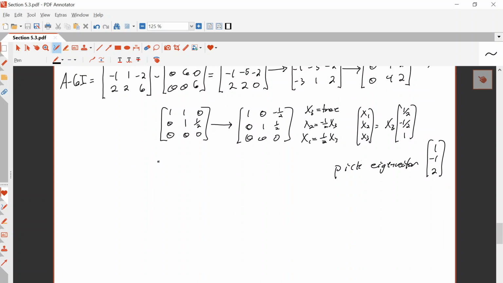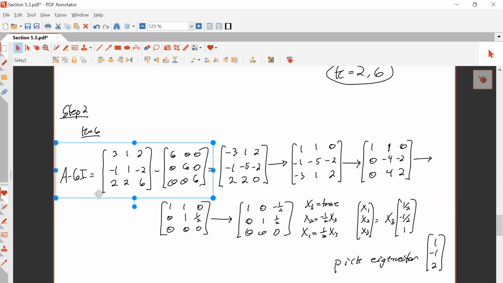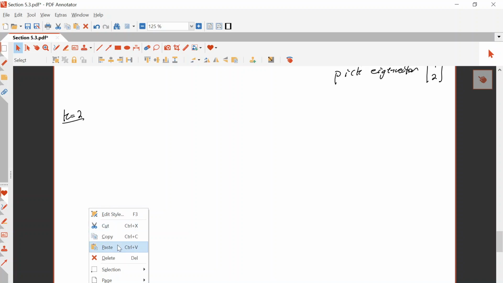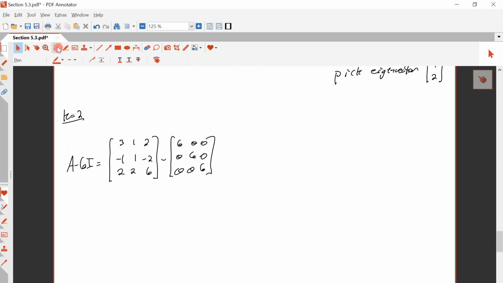Okay. Next, A minus 2I. So we have 2's along the diagonal here.